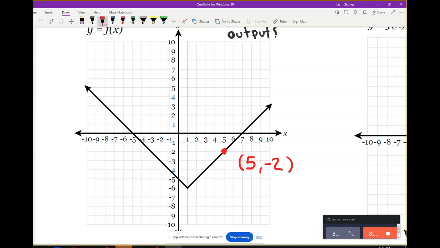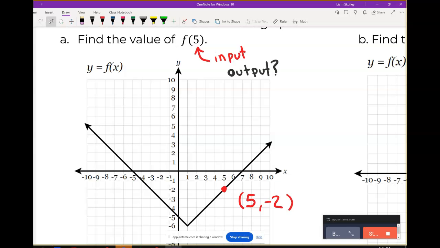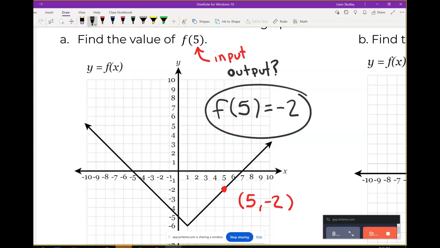Our graph is saying when we input 5 into this function, we get out a -2. So we would write our answer as f of 5 is equal to -2. -2 is our output, the only output that matches with our input.